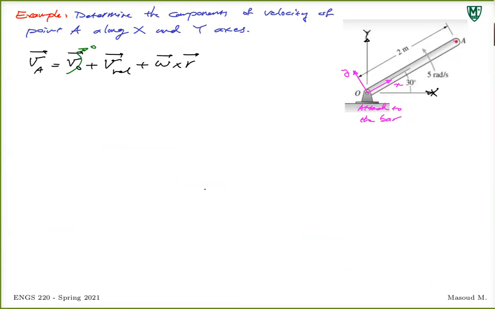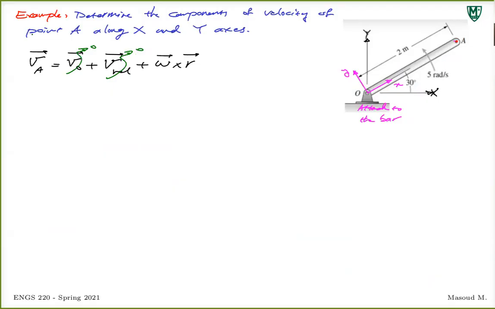Can point A move if the frame is frozen? Since the frame is attached to the bar, if the frame is frozen, the bar is frozen. So point A cannot move. So there is no relative velocity. There is no velocity of A in the local frame. That's also 0.